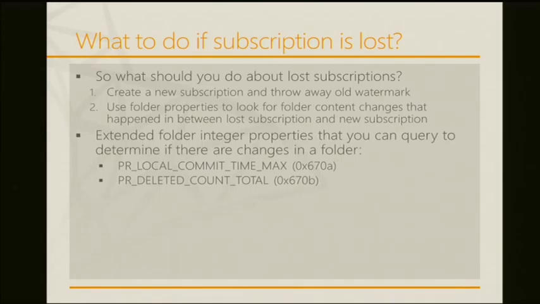If you're keeping track of this property, each time you get changes back, you can compare the current value to the last one you noticed. And if it's incremented, then there were updates that happened in that folder. Same thing with the deleted count total. You would notice that increment as well. So those are two properties you could check to say, hey, did anything happen while I wasn't getting events? As we'll talk about in a moment, sync folder items is probably a better way to handle that scenario anyway.